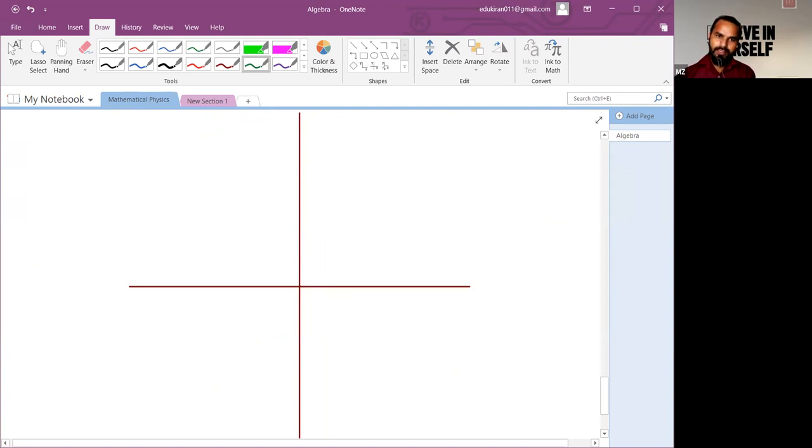If you draw a triangle in this particular quadrant, this would be your theta.